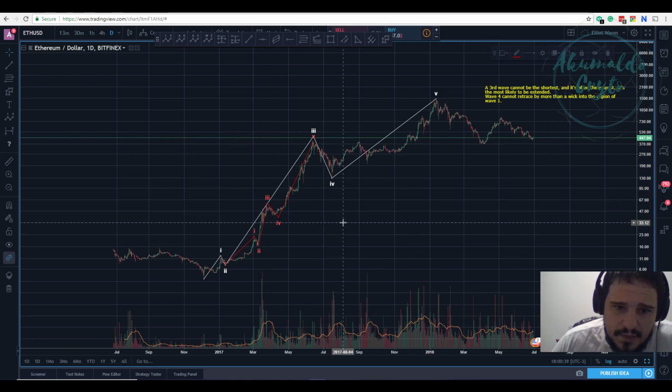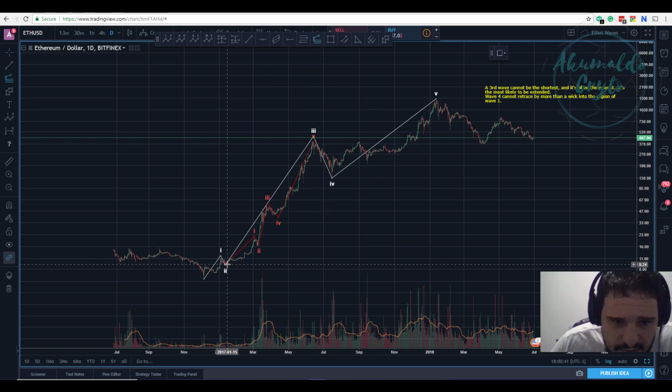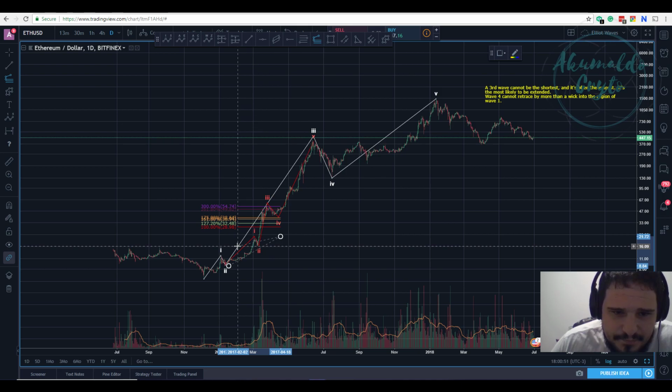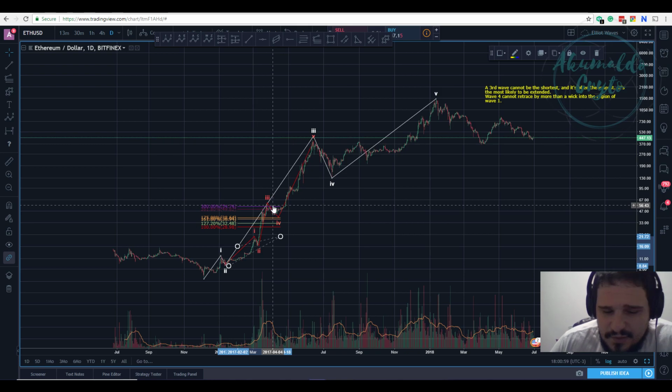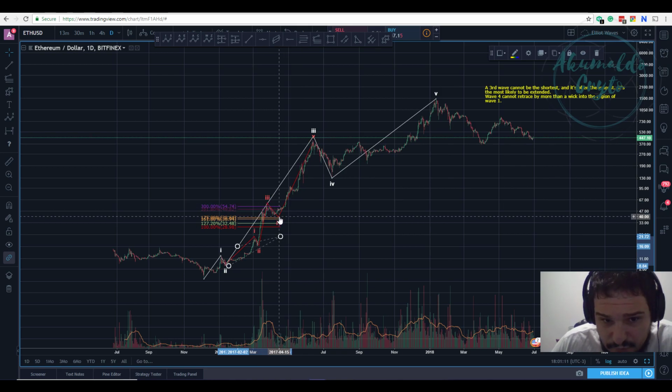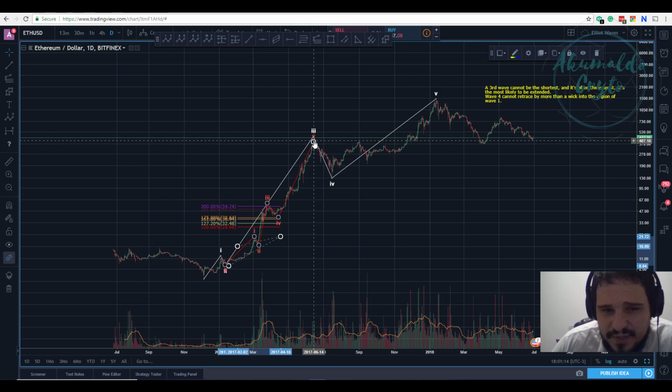Okay, let's measure it just to see if I'm right. Wave 3 is 300% of wave 1. Okay, so it's a really long wave 3 and a rather deep correction for the wave 4, and then a really extended wave 5 here.